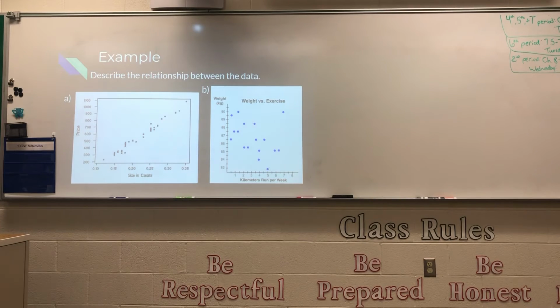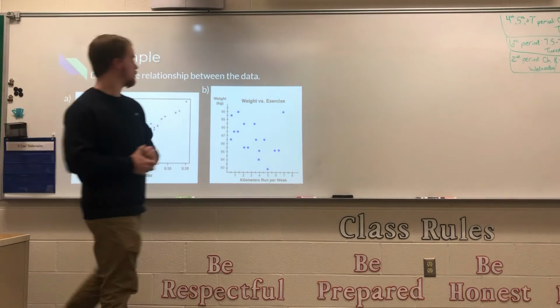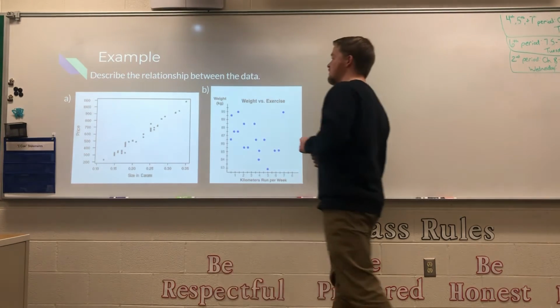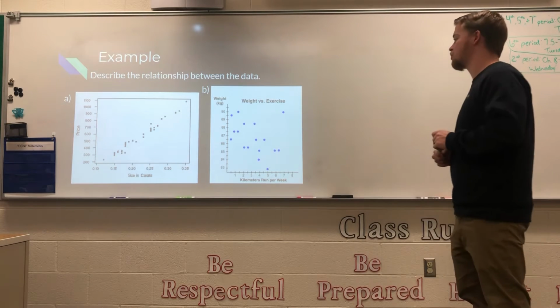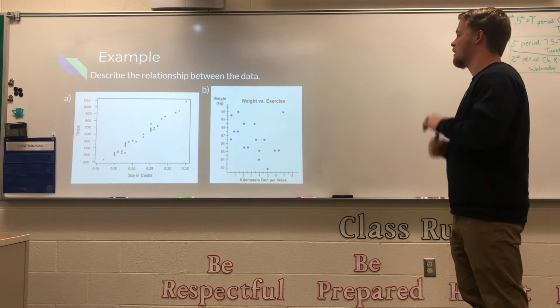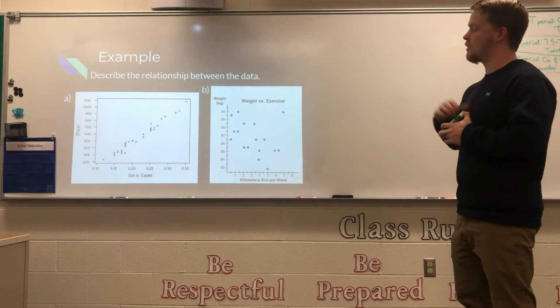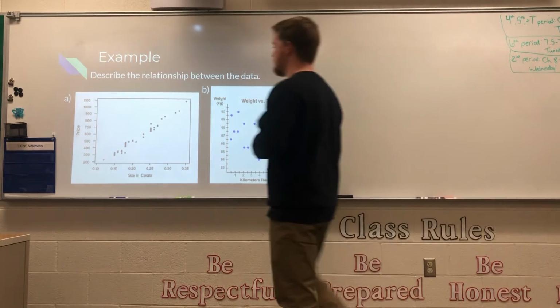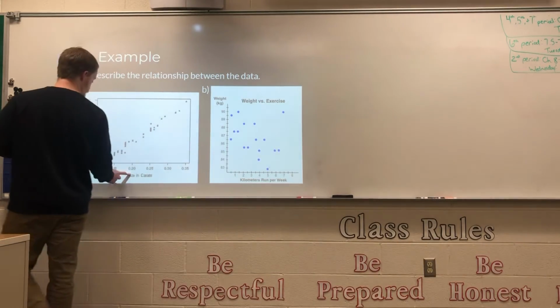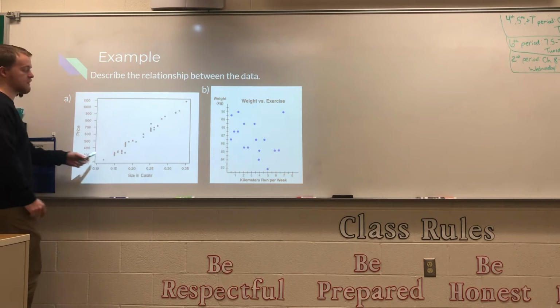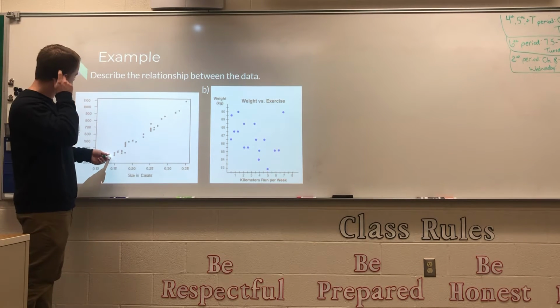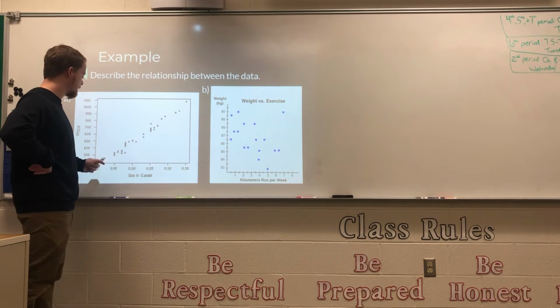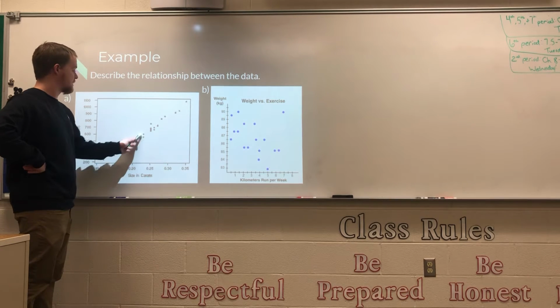So what you have to do is describe the relationship between the data. So here, this first one's pretty easy. It shows this graph, and we have a bunch of points on it.